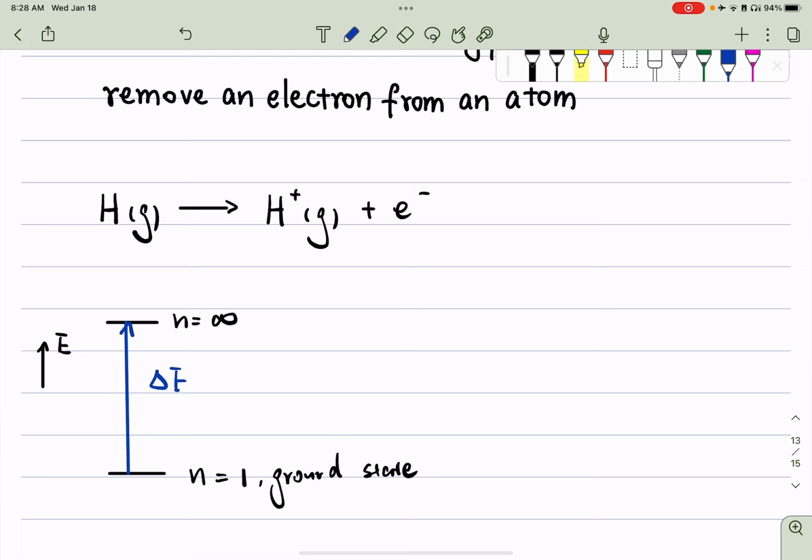And this delta E equals my ionization energy. And at n equals infinity, we have En equals 0.